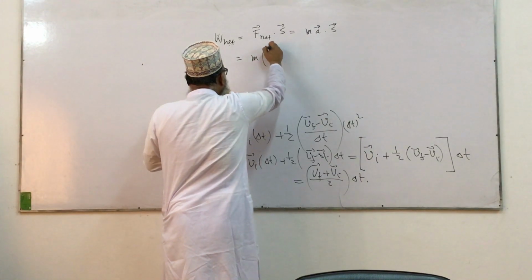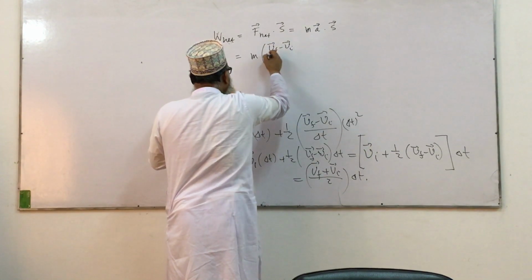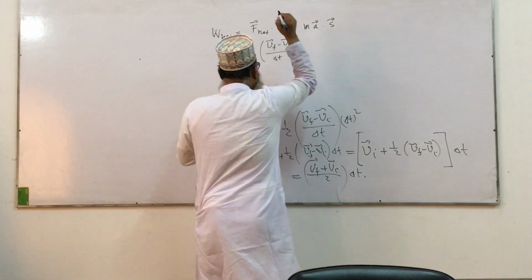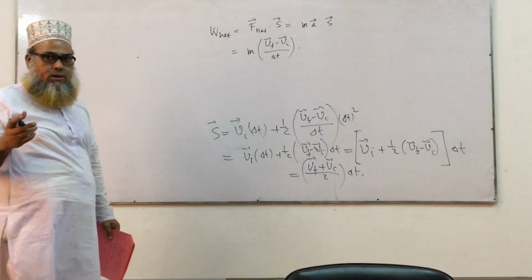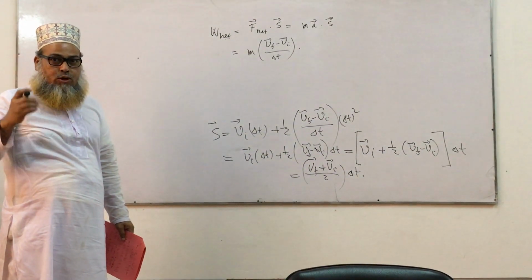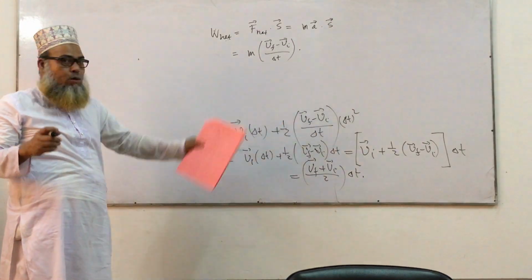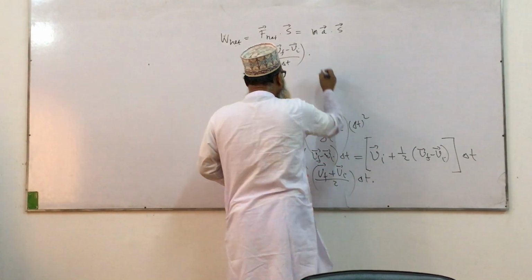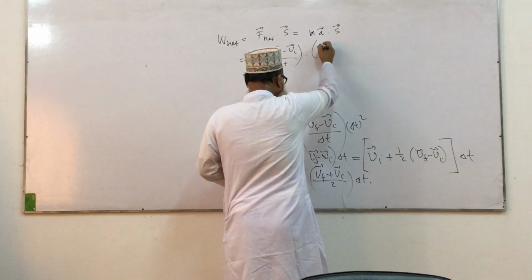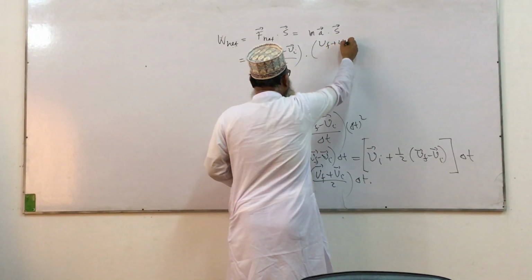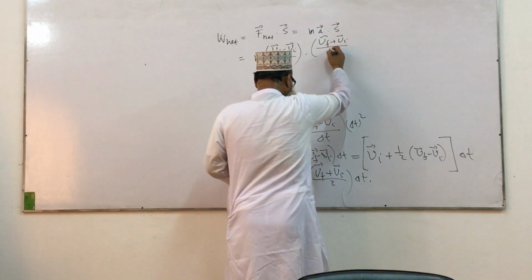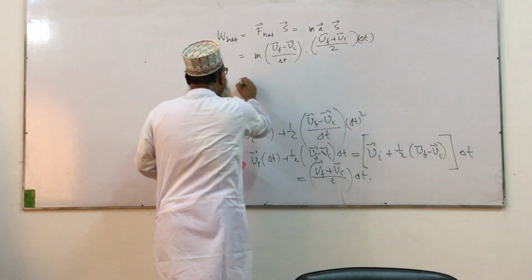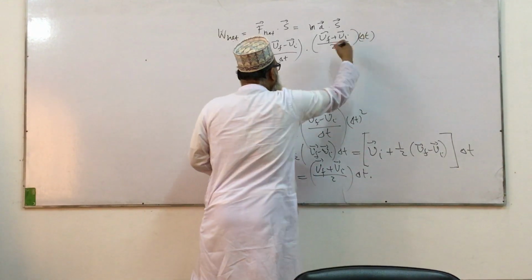A is Vf minus Vi by delta T. This dot is a vector dot, the dot product. And S, you have found, is Vf plus Vi by 2 delta T. Now this delta T cancels out.